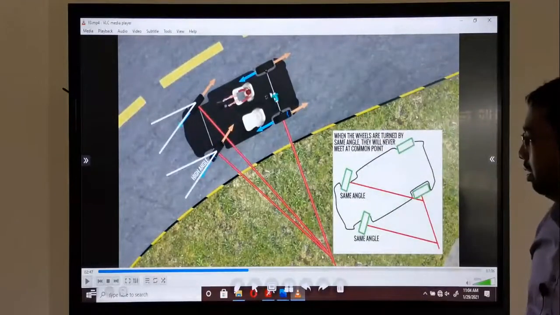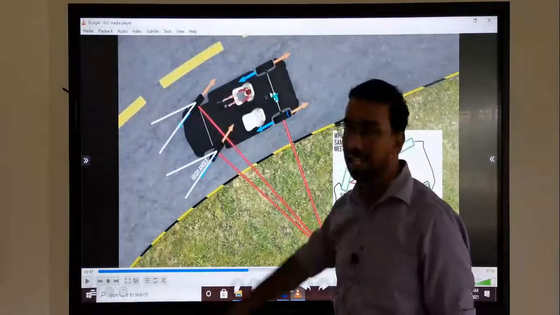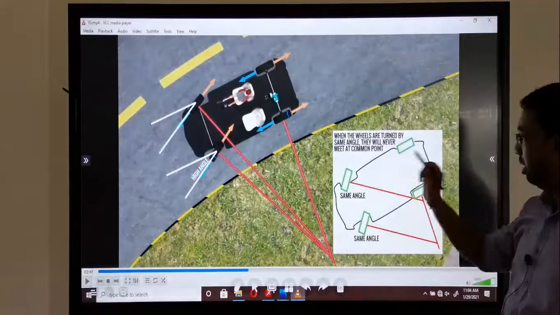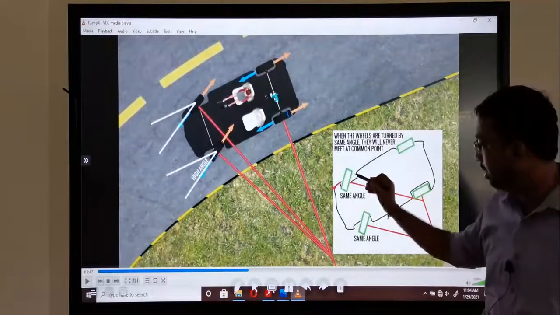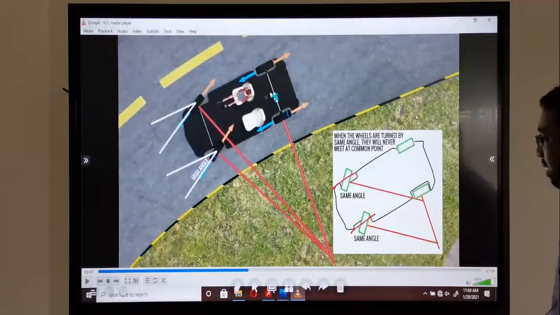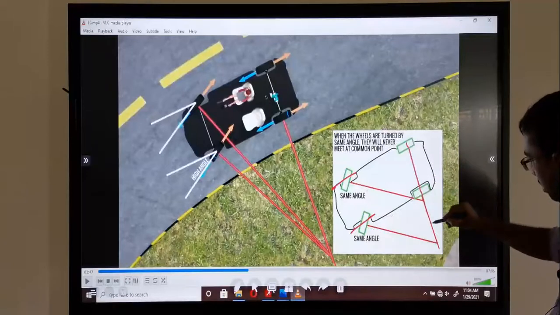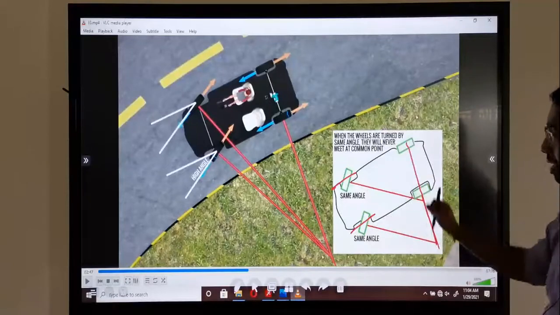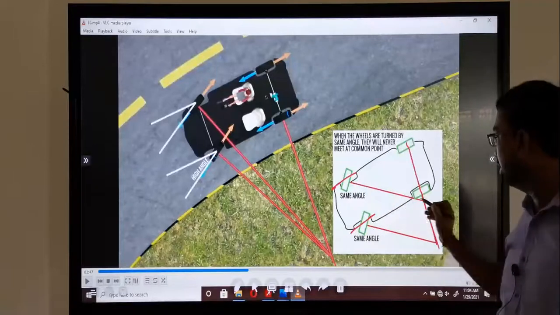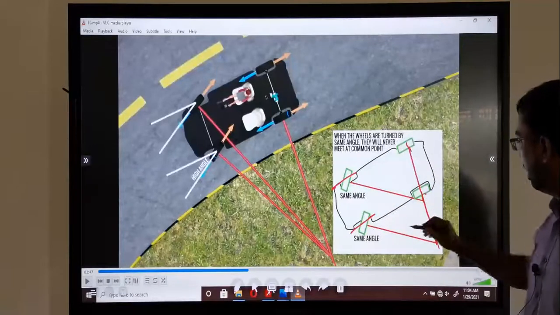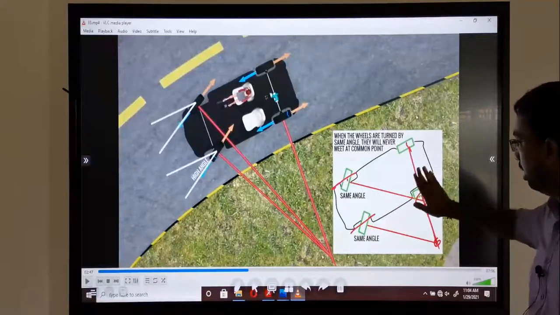Just think, if both angles are the same, what will happen? These three perpendicular lines do not meet at a single point. These two lines move here, but the outer wheel line moves here. Then what happened?